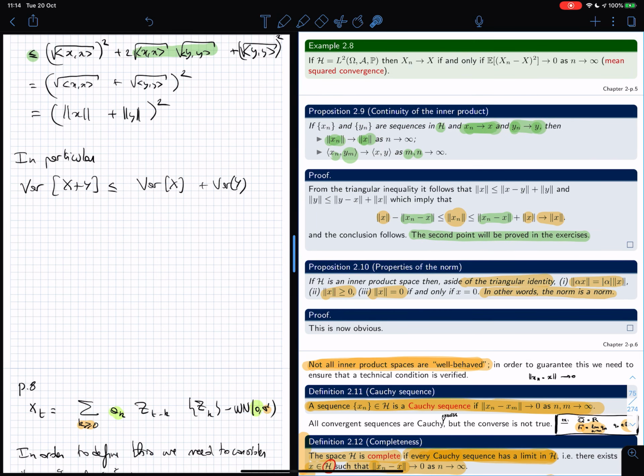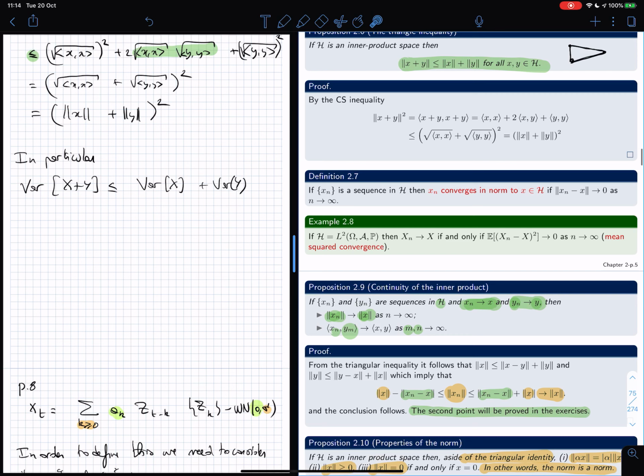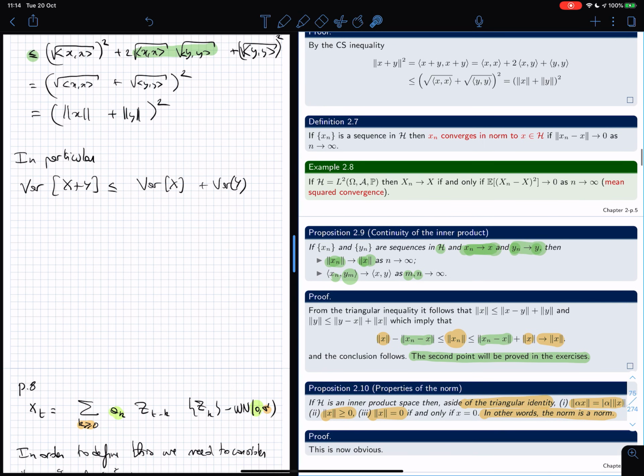And we have a few properties of this convergence. If we are working in inner product spaces, then the norm and the inner product are actually continuous functions, in the sense that if xn and yn converge in H as sequences of elements of H, then the norm of xn converges to the norm of x, and the scalar product of xn with ym converges to the scalar product of x and y.